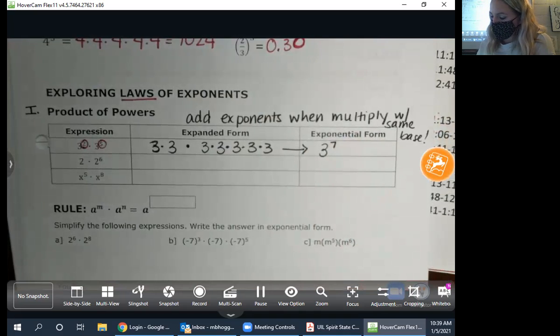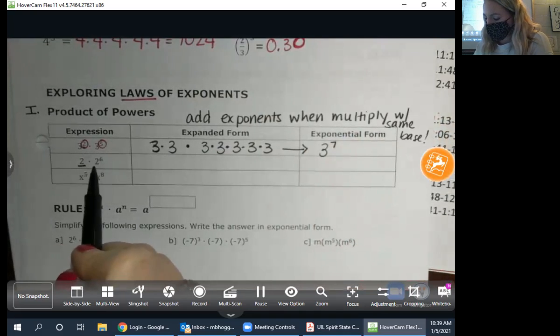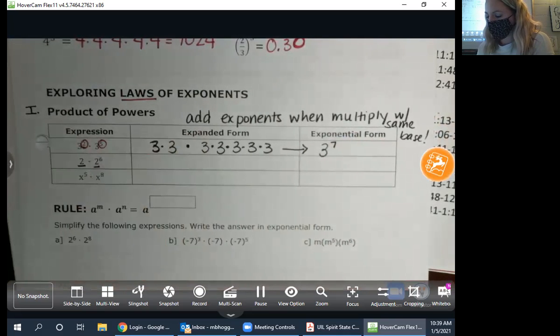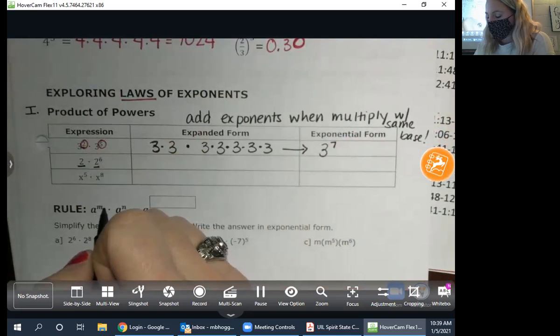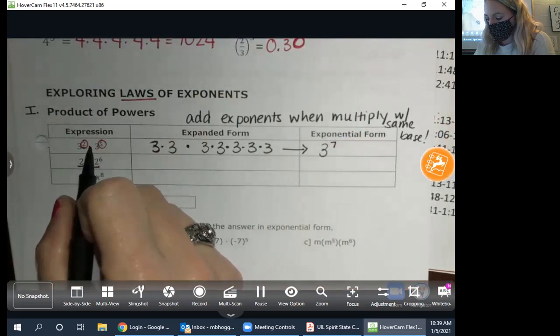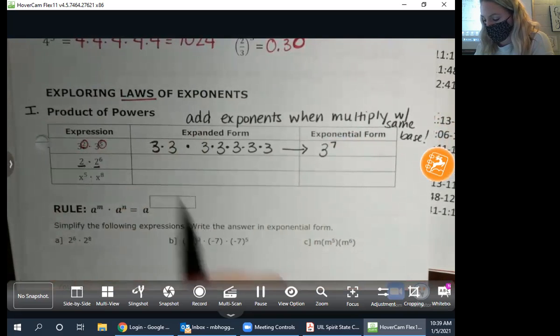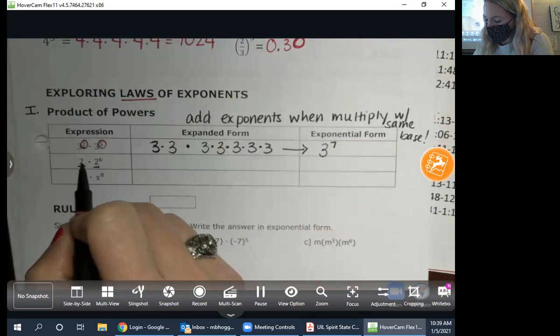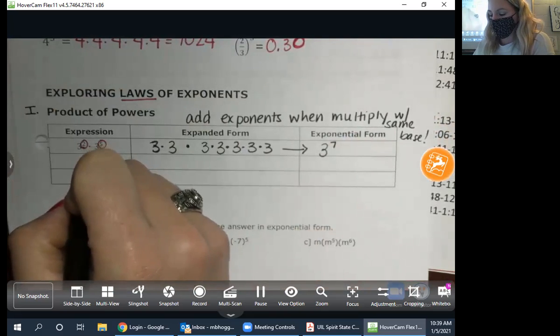All right. So if the base is the same, the big number, which all of these are on the first page, so you don't have to really worry about that. And you're multiplying, which there's a multiplication sign on all of these problems. That's what the product of powers is. It's multiplying, we add the exponent numbers to get our answer.